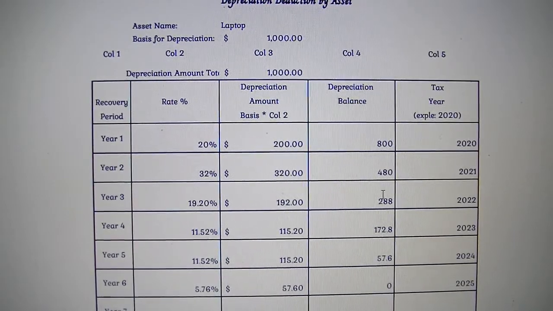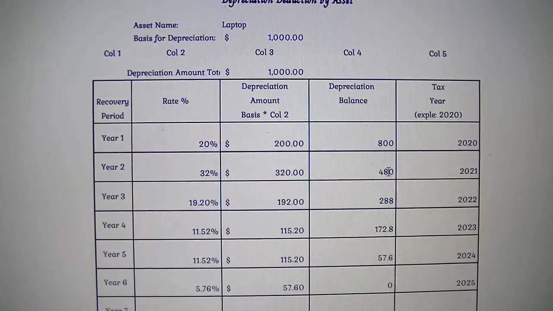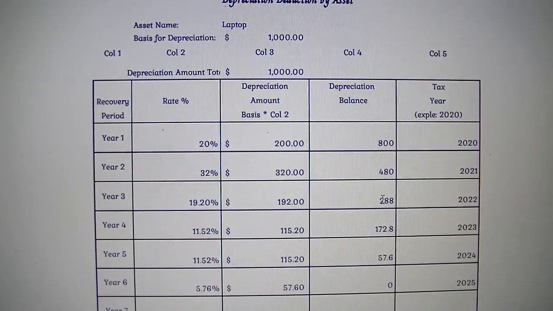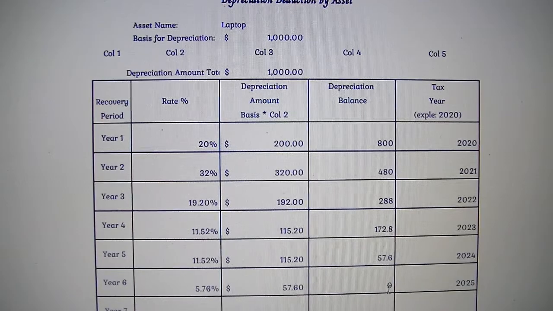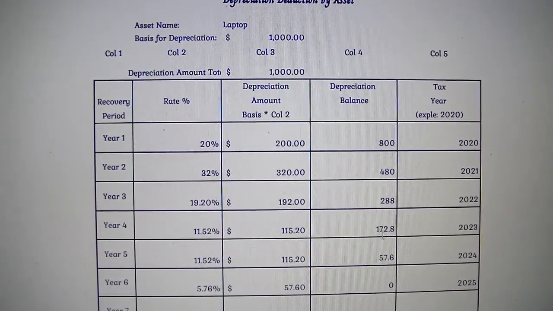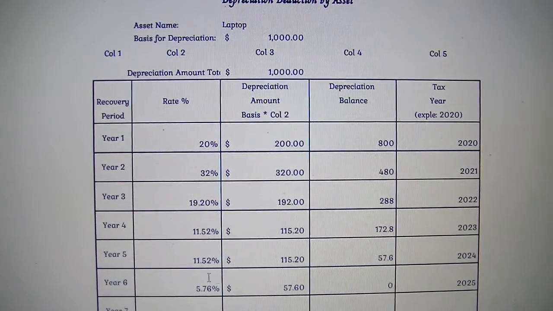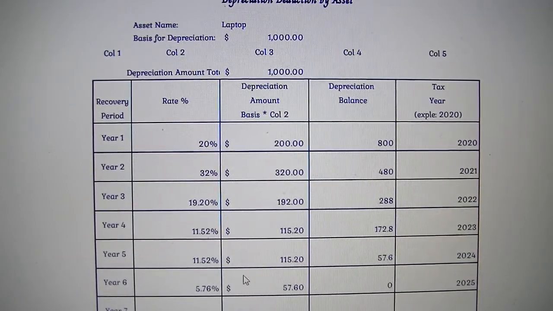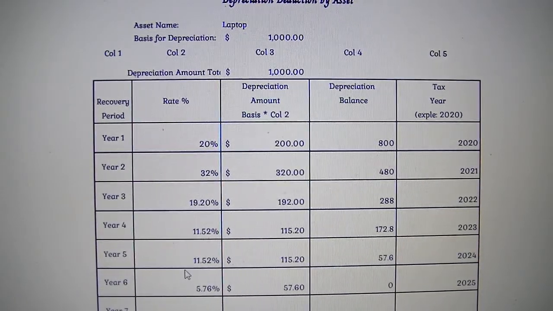And year 3, the balance will be 480 minus 192, if I'm getting it right. But by year 6, it will be 0. So if you get it right, it should be 0 by the end of the year. You'll take the last depreciation deduction. If it's not, you didn't copy the right rates, or you got something wrong.